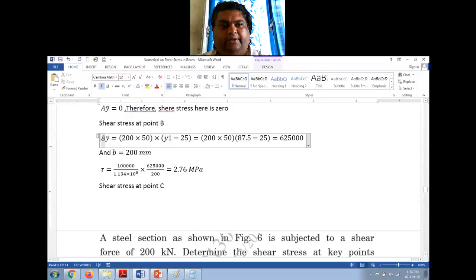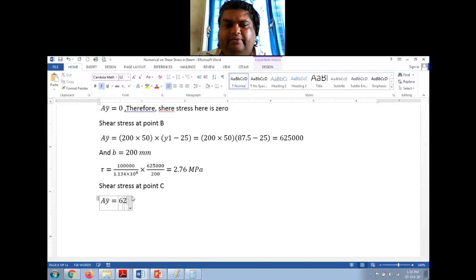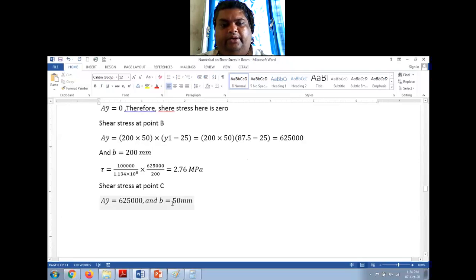So I can write here A y bar. I'll directly write the value 65,000 because it is not going to change, and B is equal to 50 mm, right? So I have these.